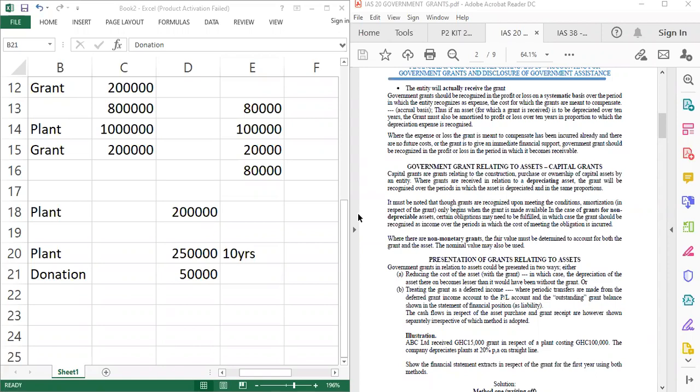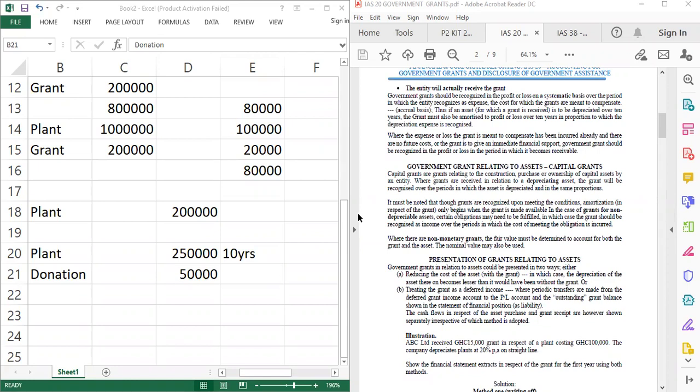All right, let's come to, yes, Joyce. I'm a bit confused. Can you maybe explain further? So are you saying that the right treatment is to amortize the donation over the useful life of the asset?